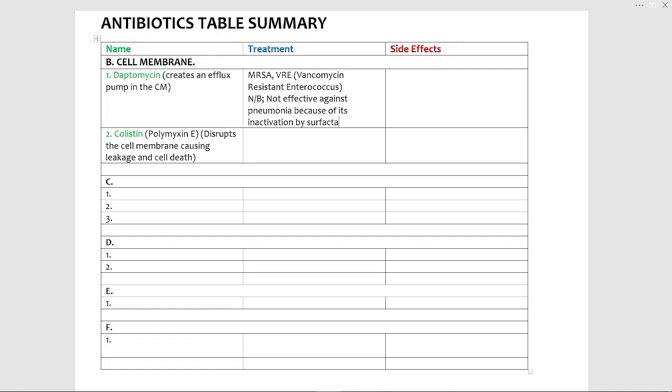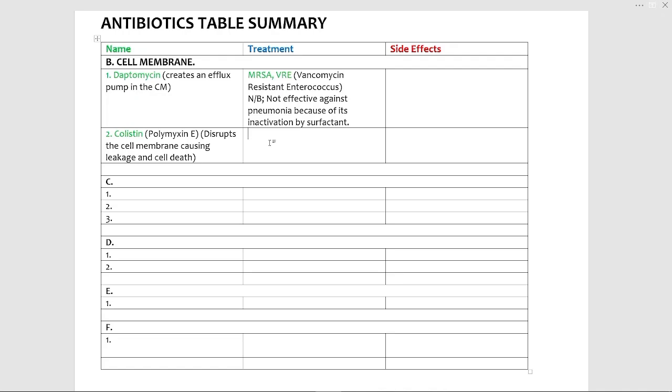So this drug is not effective when it comes to pneumonia because the surfactant will inactivate it. So that you can note. These are some of the indications when it comes to using daptomycin. It's very good against MRSA and can also be used for vancomycin-resistant enterococcus.